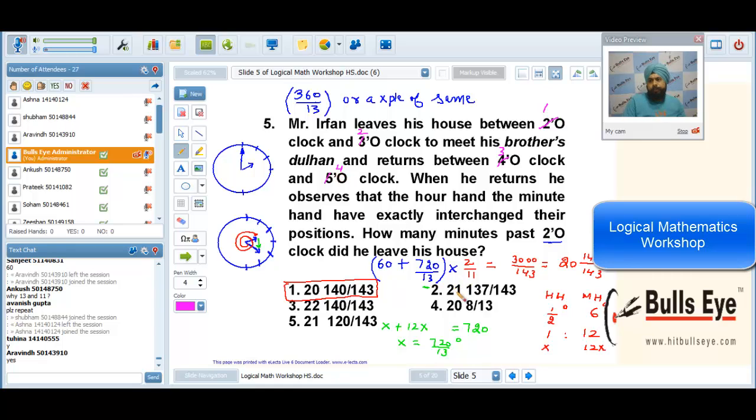Can you answer it? What will we do here? The only change in this case will be 30 plus 720 by 13, and all this is to be multiplied by 2 by 11.